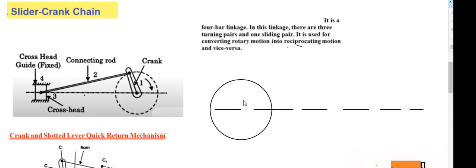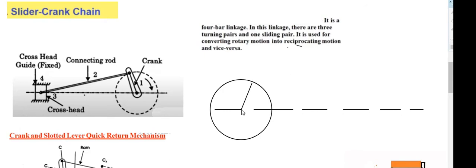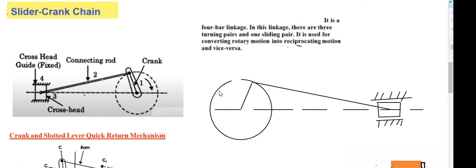Then you draw a crank, then the connecting rod, then a piston and a cylinder wall. So this is a slider crank mechanism. And since the circle is not part of the diagram, we can put it in dotted lines.